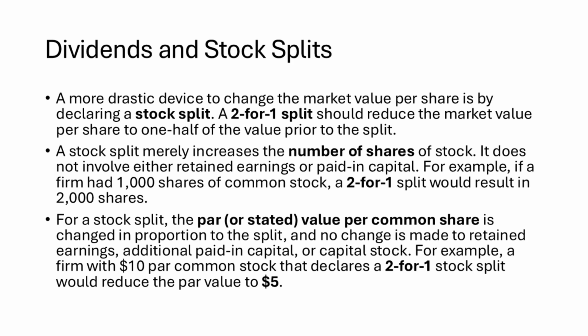A more drastic device to change the market value per share is by declaring a stock split. A 2-for-1 split should reduce the market value per share to 1/2 of the value prior to the split.